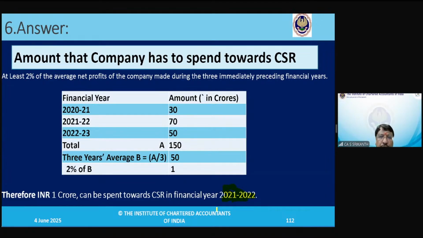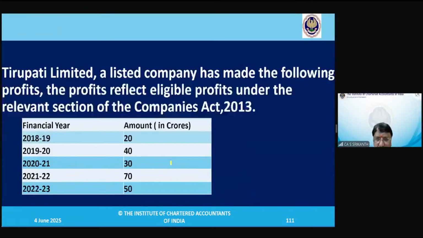See, 23, 22, 23, 21, 22, 20, 21: 3 immediately preceding financial years. Total A by 3, average 50. Okay, 50 crore. 2% of 50 crore is 1 crore. Got it? 2% of 50 crore is 1 crore. So 1 crore is the amount to be spent in the current year. Okay.